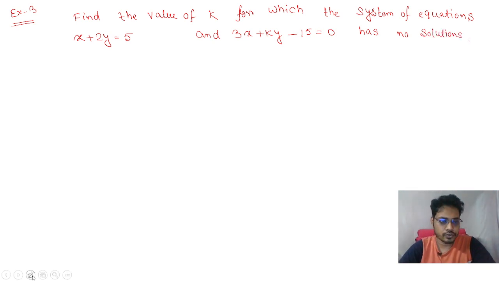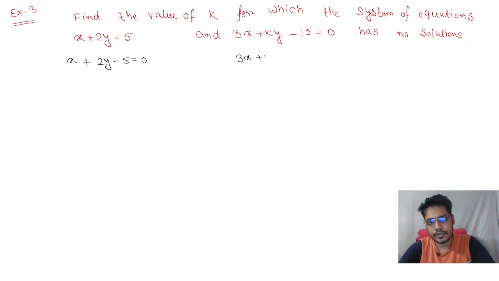That it has no solution, that means first we have to write in the form of a1x plus b1y plus c1 is 0. That means x plus 2y minus 5 is 0 and 3x plus ky minus 15 is 0.